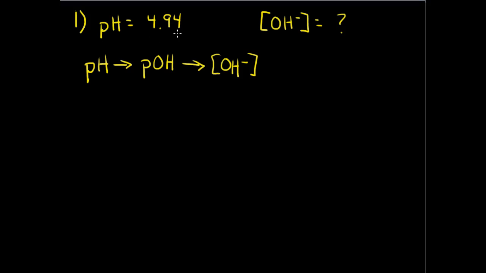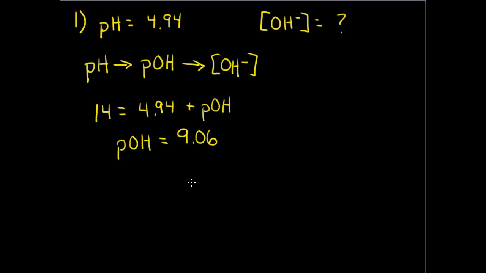Our pH is 4.94, so what's our pOH? We go back to our trusty 14 equals our pH, which is 4.94, plus our pOH. Do the subtraction, 14 minus 4.94, we get a pOH of 9.06. Okay, great. So we've got our pOH. Now we need to change it into our OH concentration.